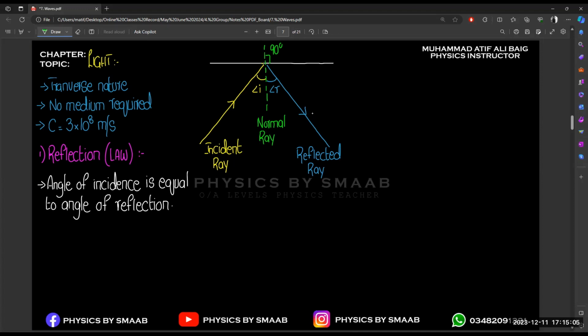The second postulate is related to all the rays which we are using in the law of reflection.